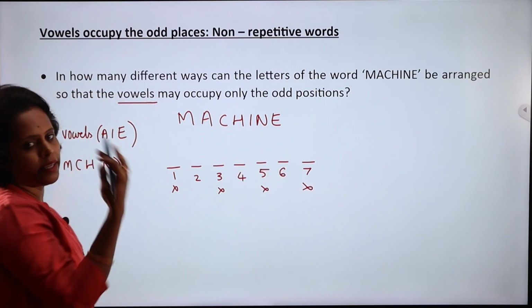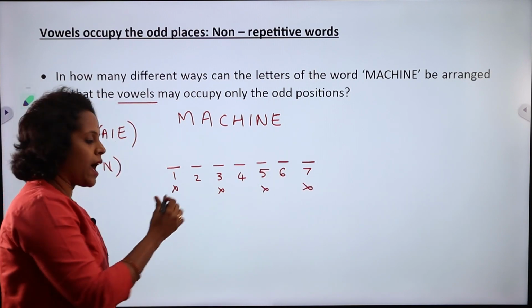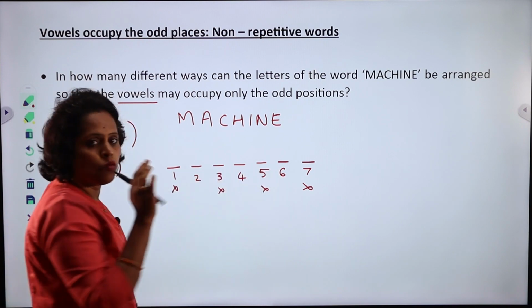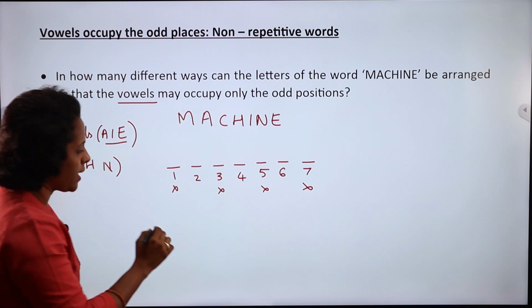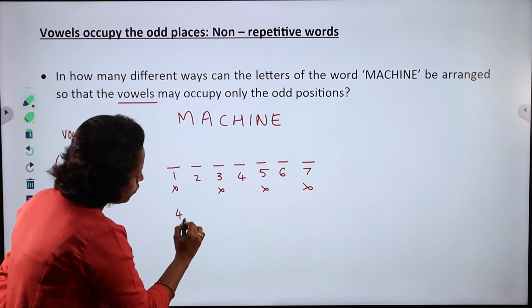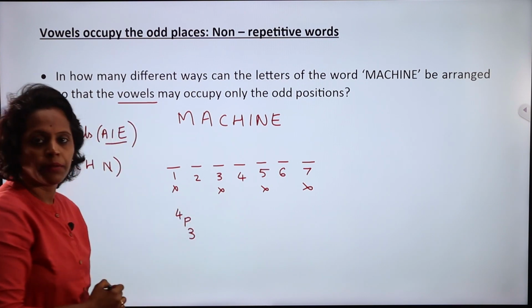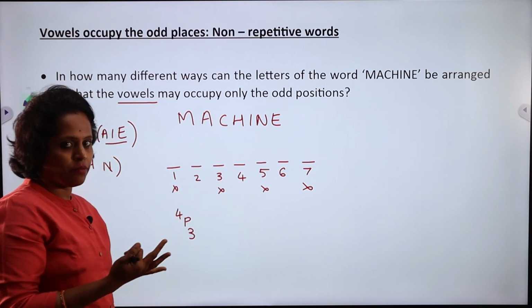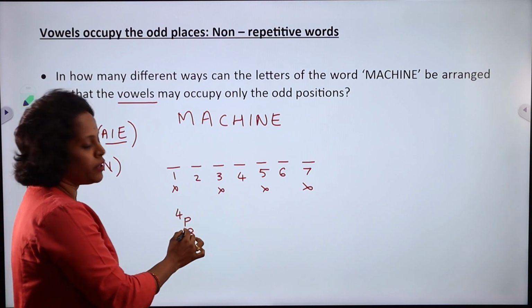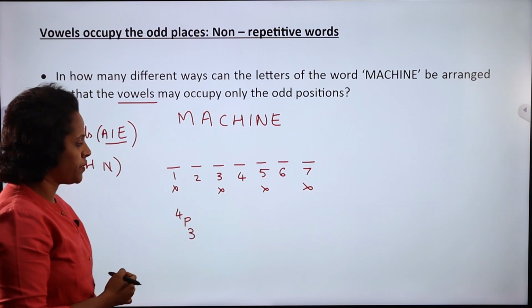And vowels are 3 vowels. So we have 4 places to be filled by 3 vowels. That can be done in 4P3 ways. We have 4 odd places, but we have only 3 vowels. So it can be filled in 4P3 ways.